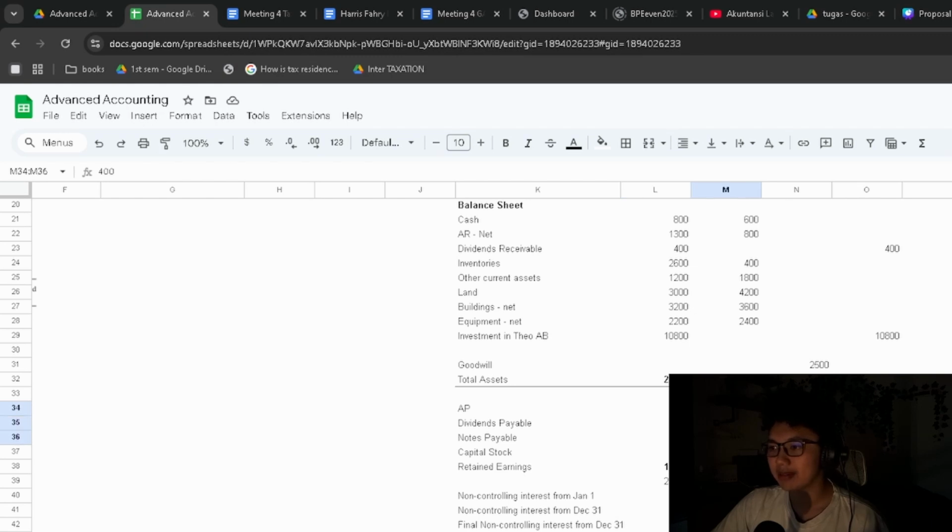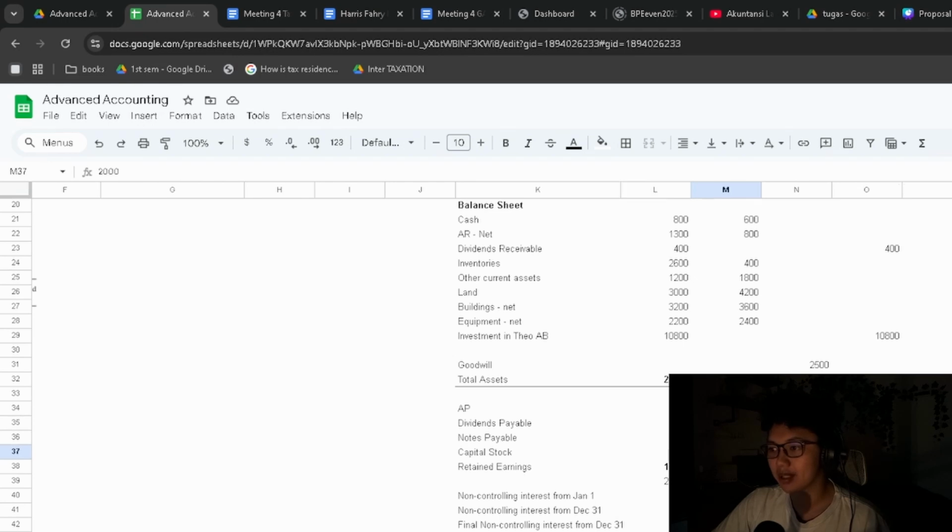Again, it's the same as the case, but there are some adjustments, right? So first of all is the dividends payable. You see how I eliminate the receivables, and then I also reduce the payable, right? So it's the same amount. This gets canceled, this gets canceled too from the account, and this is the same.